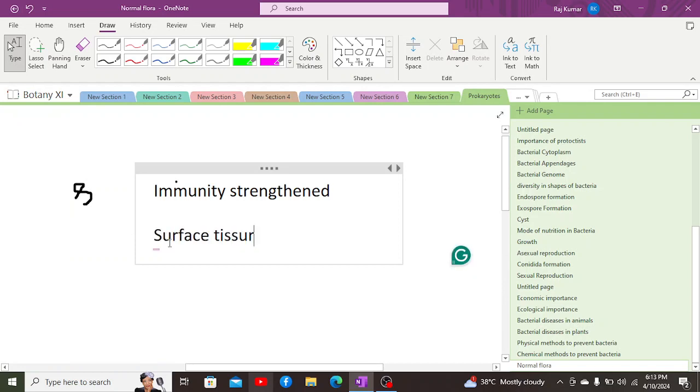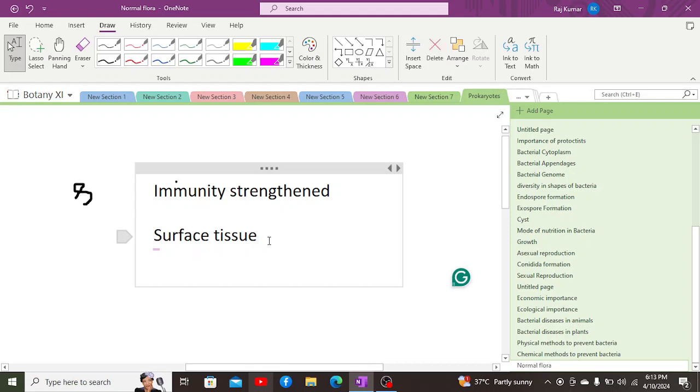One more thing: the bacteria found in the normal flora of our body live on a specific site on the surface tissue, but not in the internal tissue such as brain, heart, or blood.